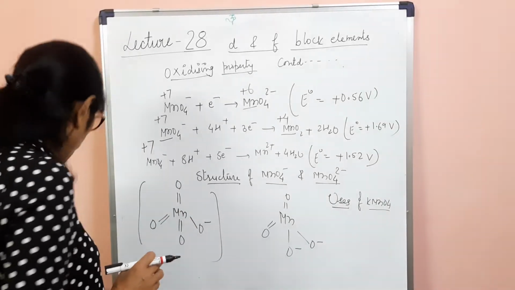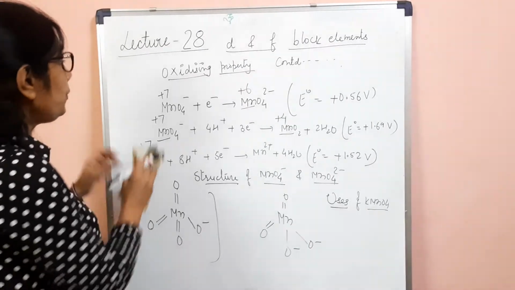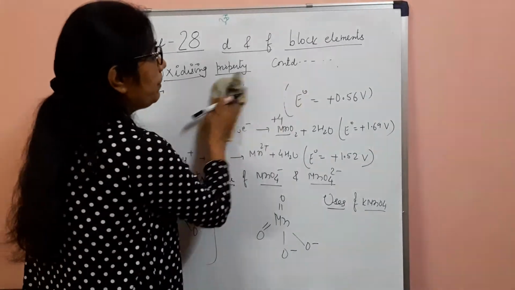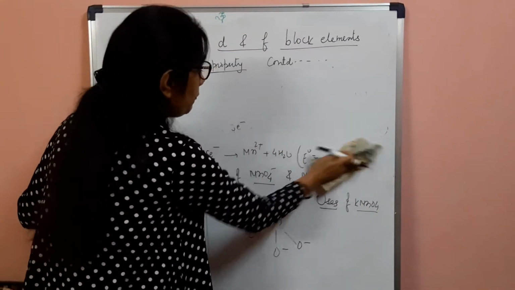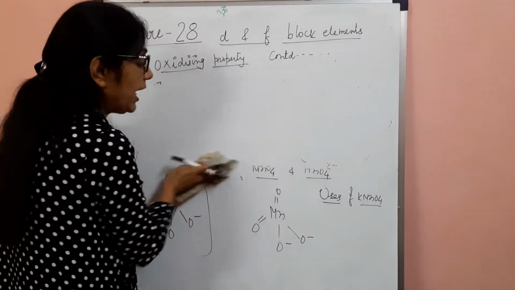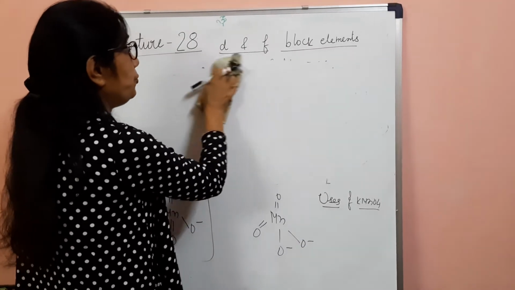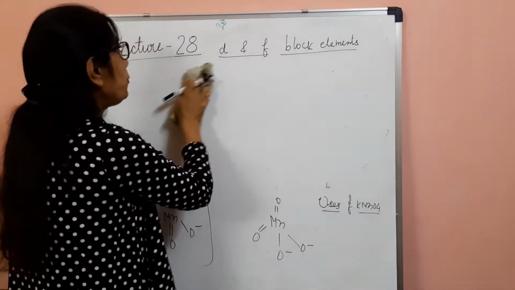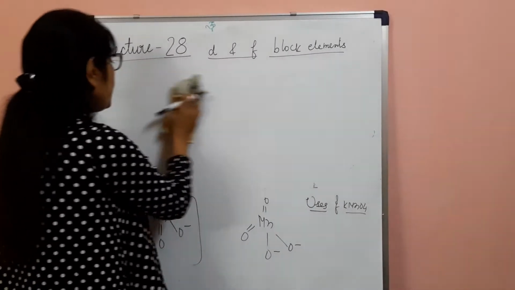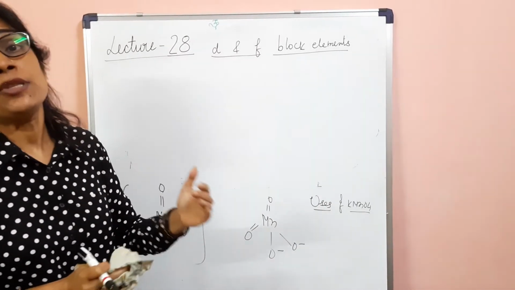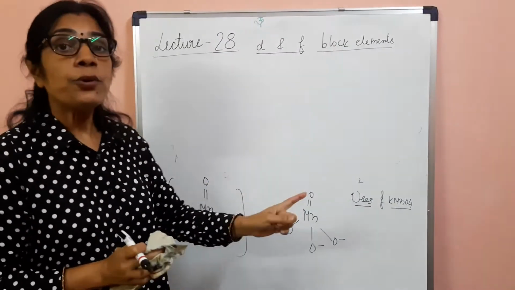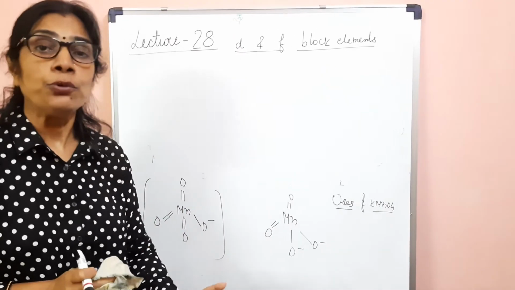And one very, very important question: if you remember, while doing permanganometric titrations, hydrochloric acid is not used. In permanganometric titrations we use dilute sulfuric acid. So why is hydrochloric acid not used?